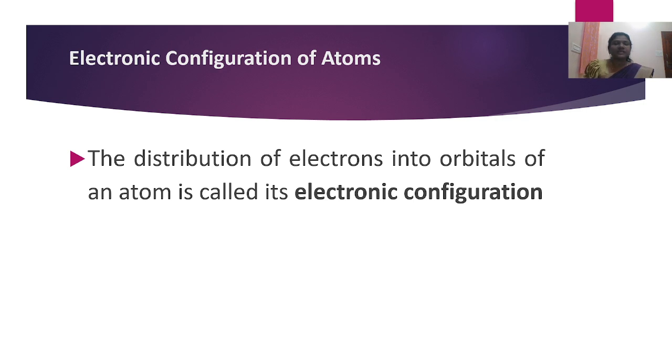Okay, what is the electronic configuration of atoms? The distribution of electrons into orbitals of an atom is called its electronic configuration. Consider this is the nucleus, and these are the various energy levels of an atom in which the electrons are revolving around.